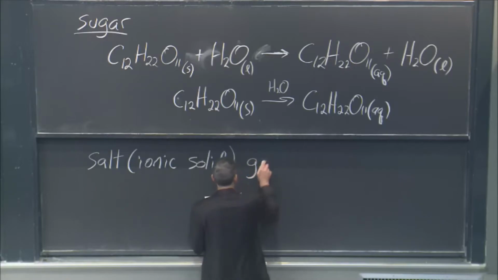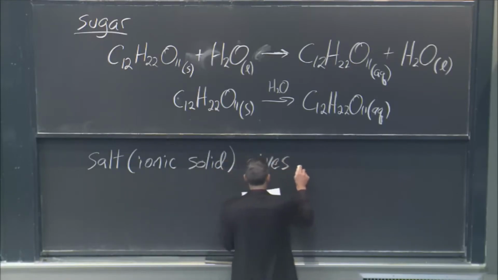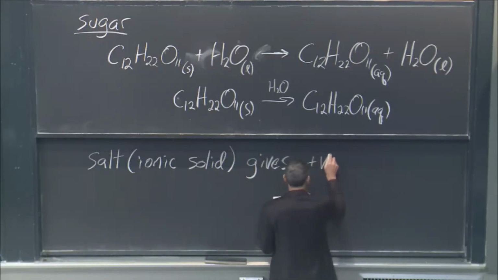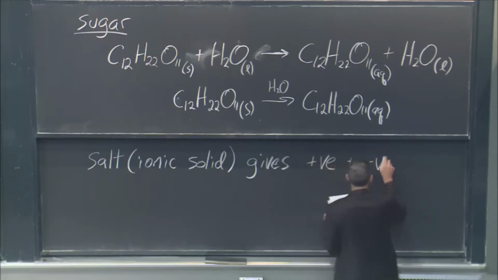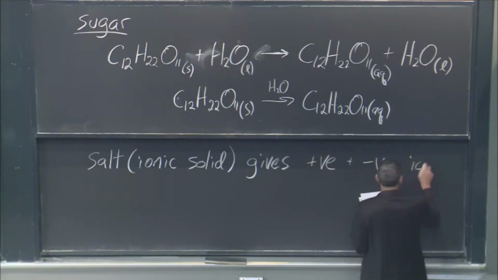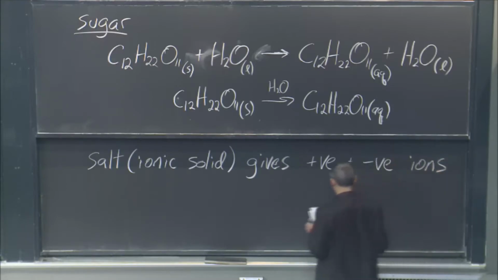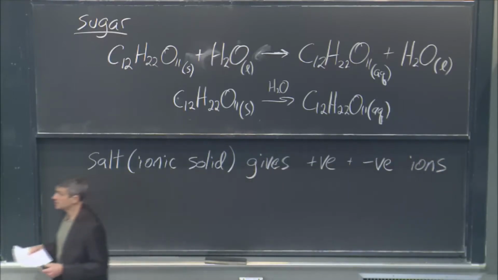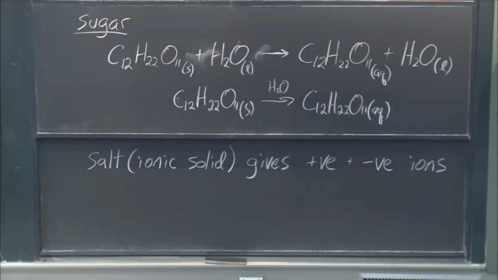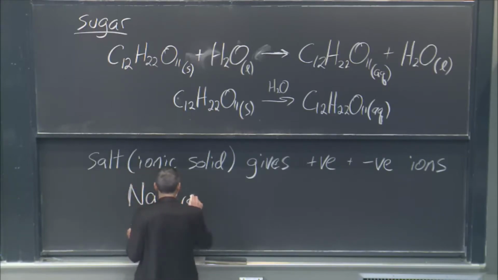this gives something different because this breaks apart into positive and negative ions that they contain. So in the case of sodium and chlorine, sodium chloride, that's going to dissociate. If you pour salt in water, then here's the reaction for that. You've got sodium chloride solid.